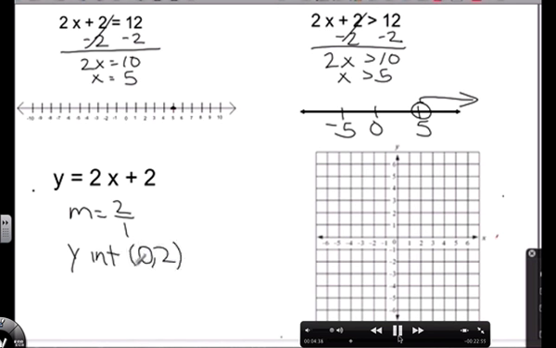So we plotted our y-intercept, and then we used the slope to plot more points that are going to be on that line. 2, 1, up 2, right 1. I'm going to reverse so I can carry my line in the other direction. Down 2, left 1. And then I drew a line connecting those points, but we understood that any point on this line would make this true, right?